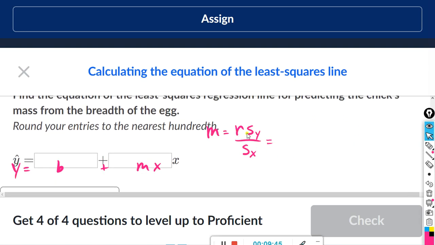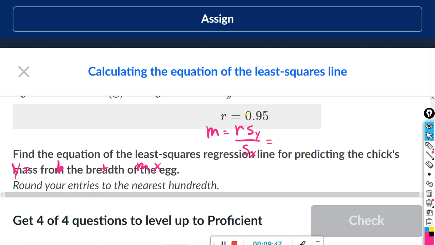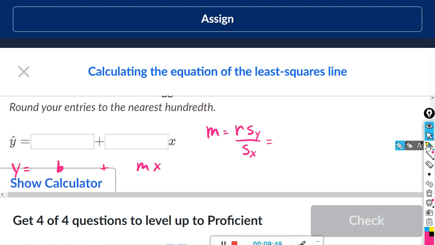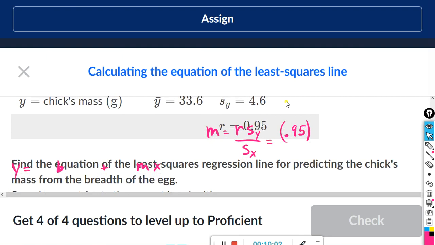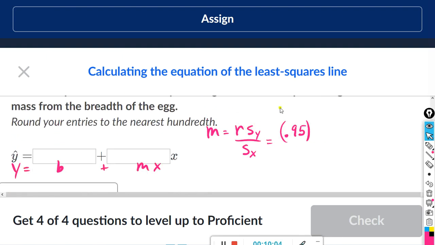And for r, we have 0.95. You can write 0.95 or just .95. It doesn't matter. For sy, standard deviation of y, we have 4.6. So in place of sy, it's a 4.6.